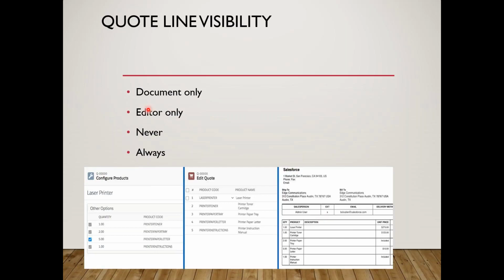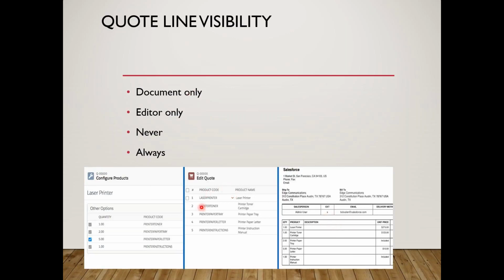If I select Document only, the particular product option will not be visible on the configure product screen or edit quote screen. It will directly appear on the document screen, I mean the PDF.